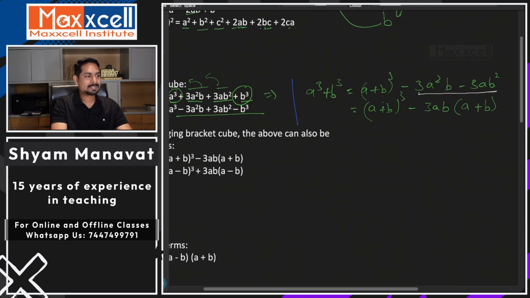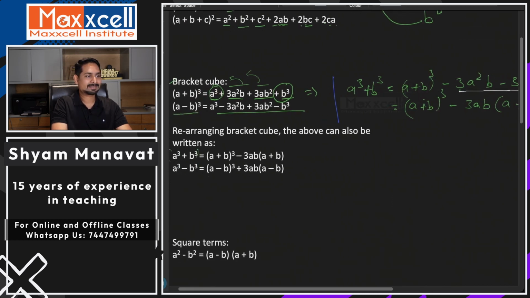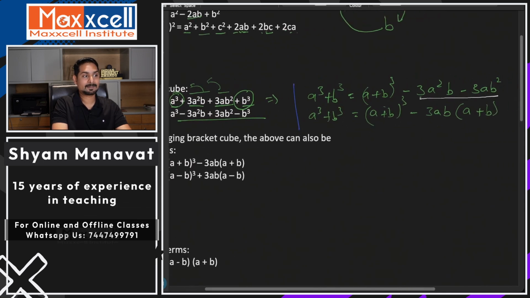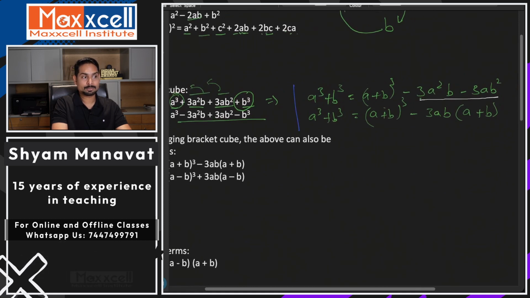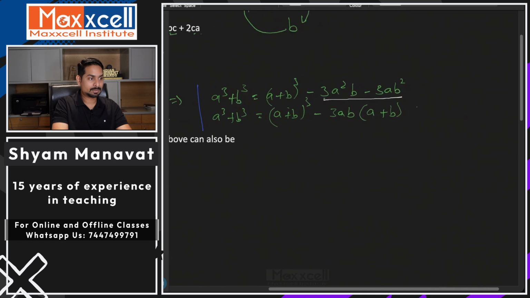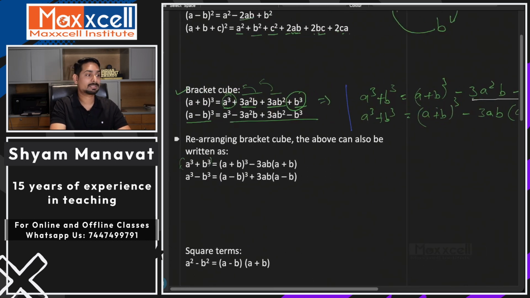So you can write a cube plus b cube as (a plus b) whole cube minus 3ab into (a plus b). I want you to write these formulas. I know I told you that I don't like many formulas, but this is necessary. So write this down.